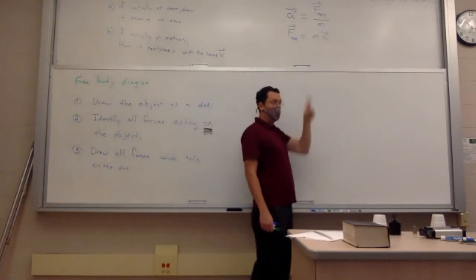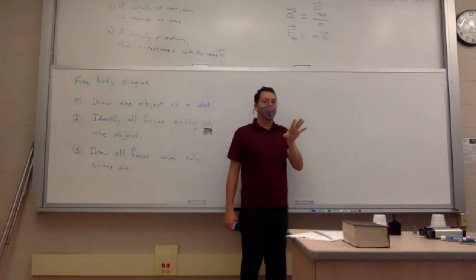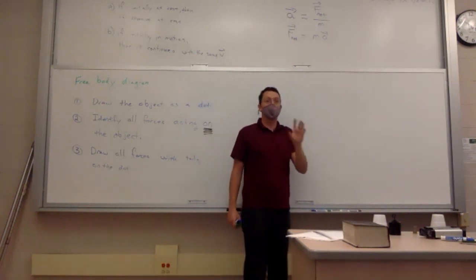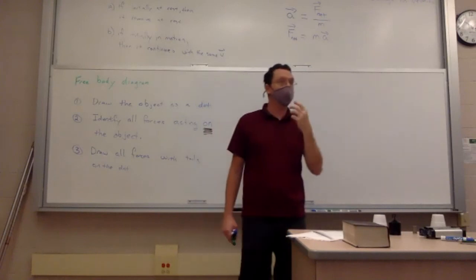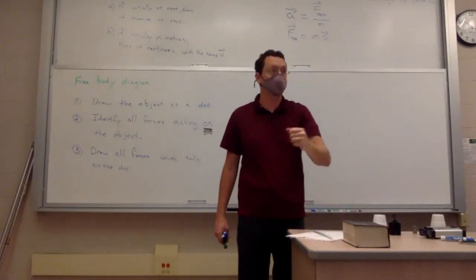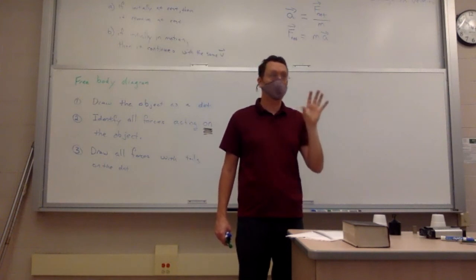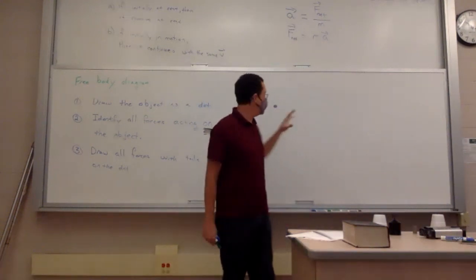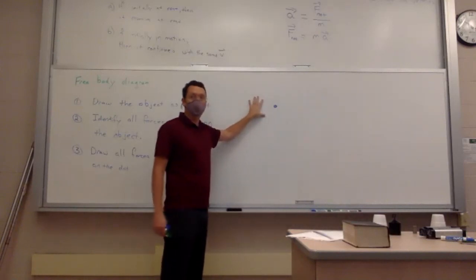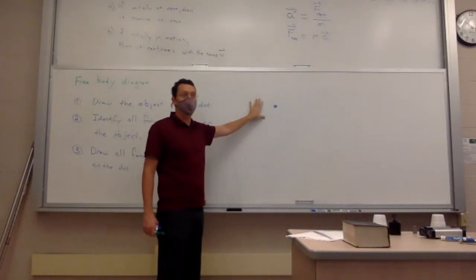It's all about forces, so don't put anything in there that's not a force. The main culprit is people trying to put in acceleration. It doesn't go there. This is just a construct, a diagram to calculate net forces. We don't put anything else in there that isn't helpful.